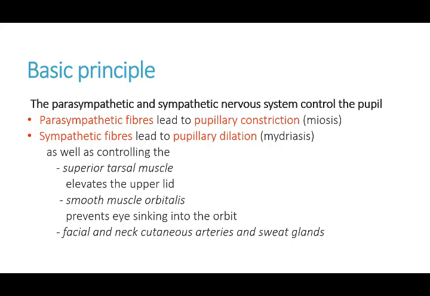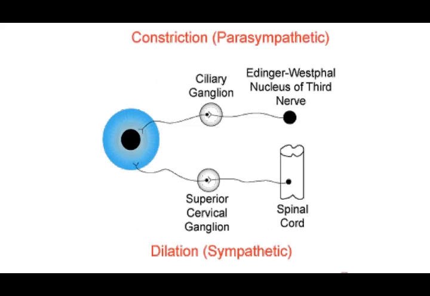Now, this is the balance between the parasympathetic and the sympathetic system. So, parasympathetic is via the ciliary ganglion and the Edinger-Westphal nucleus. And the sympathetic, the dilation, is via the spinal cord and the superior cervical ganglion.